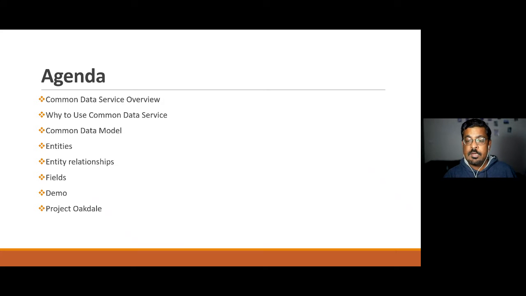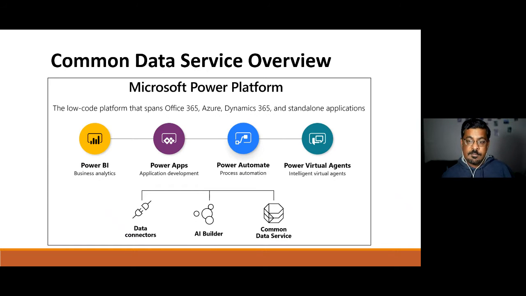Let me move to my next slide. Common Data Service lets you securely store and manage data that's used by business applications. Data within the Common Data Service is stored within a set of entities, and an entity is a set of records used to store data, similar to how you store data in a table in a database.